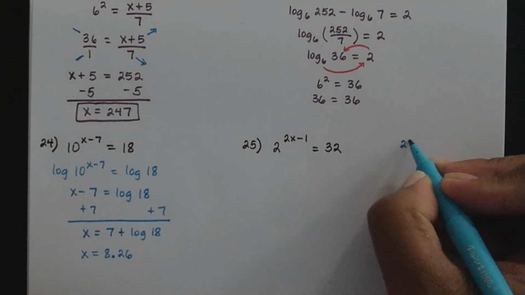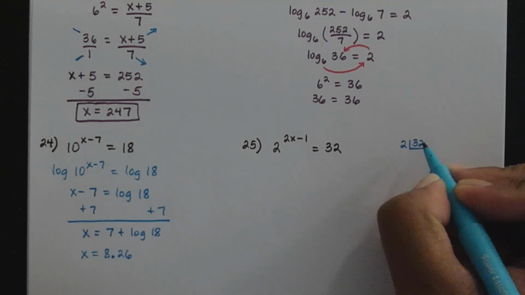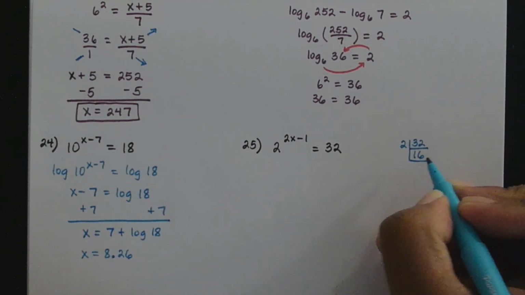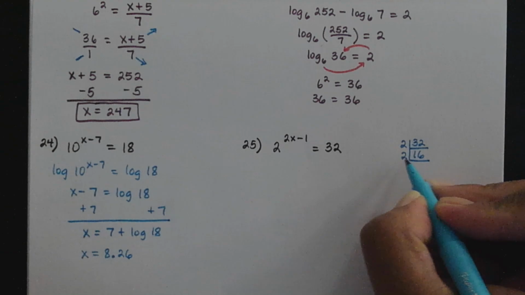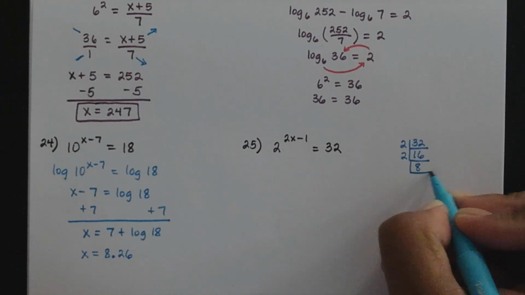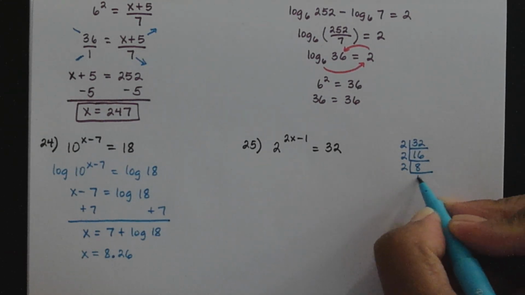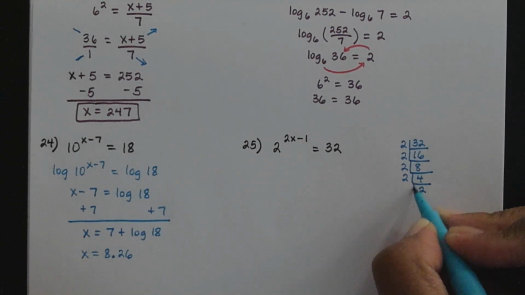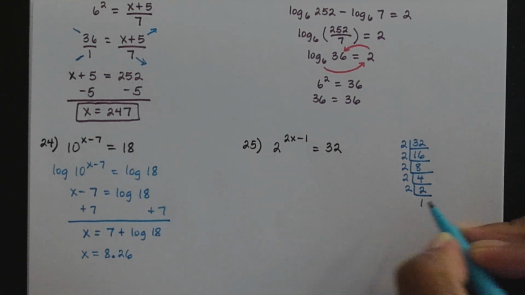So if I go up to the side here and divide 2 into 32, 2 goes into 32 16 times, 2 goes into 16 8 times, 2 goes into 8 4 times, 2 goes into 4 2 times, 2 goes into itself 1 time.